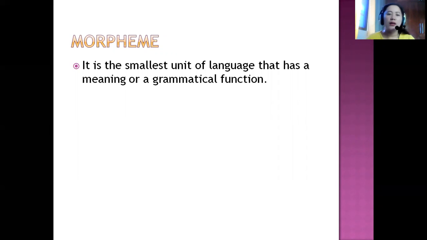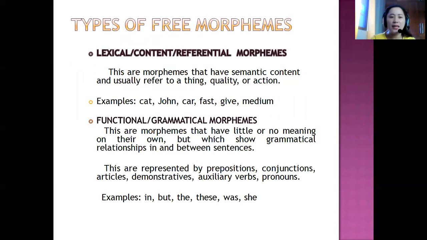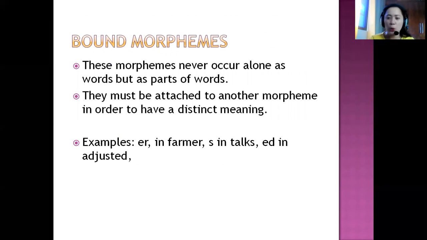So it means that a unit without a meaning or a grammatical function is not a morpheme. There are two types of morphemes. First is the free morpheme or the independent morpheme. Second is the bound morpheme or the dependent morpheme.